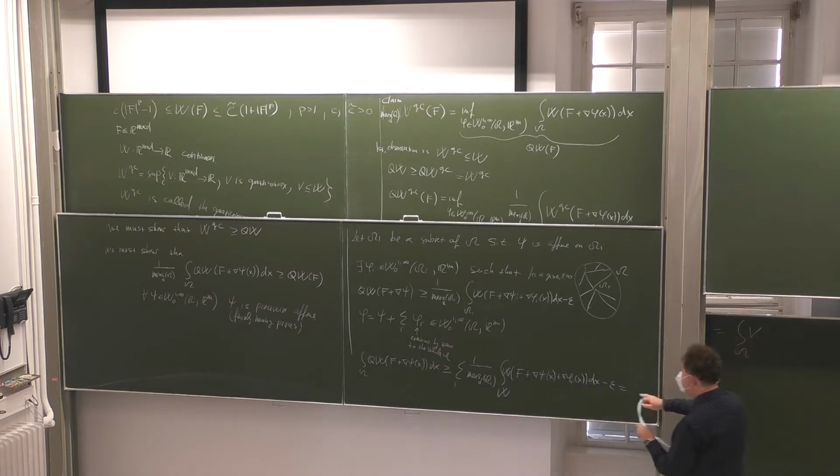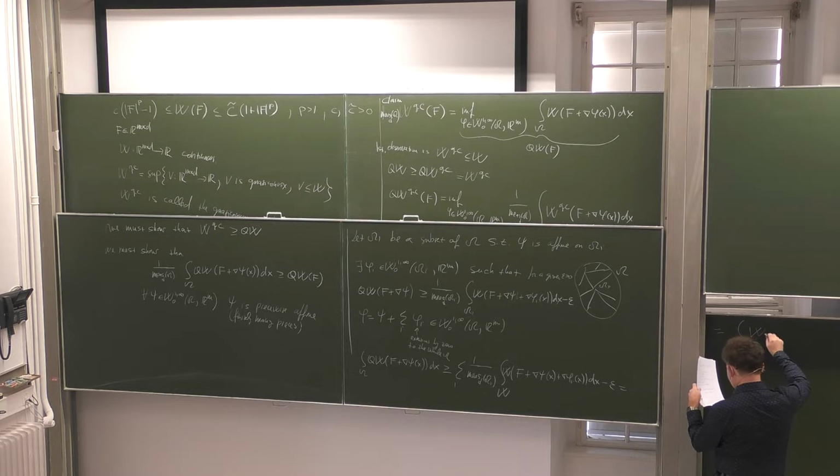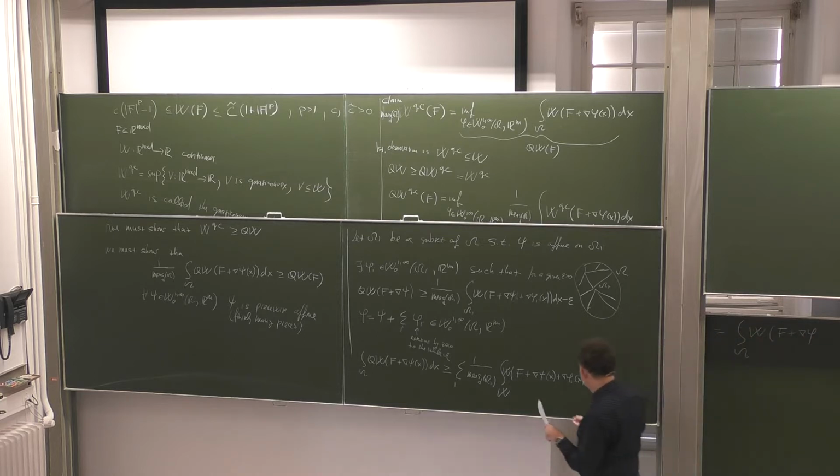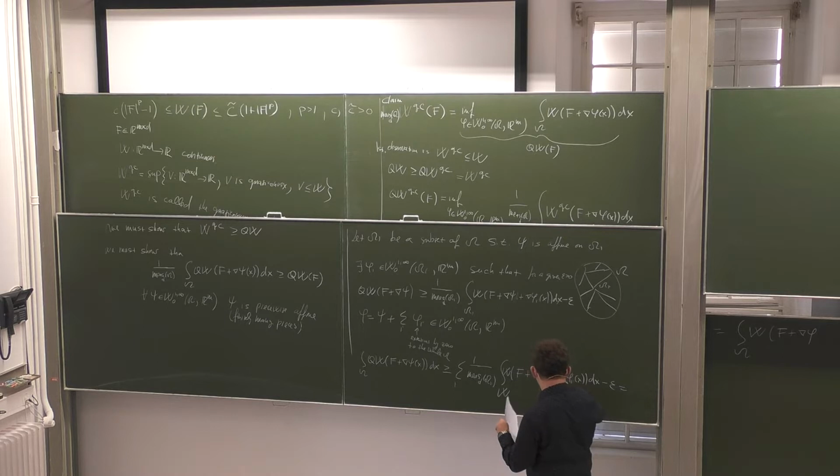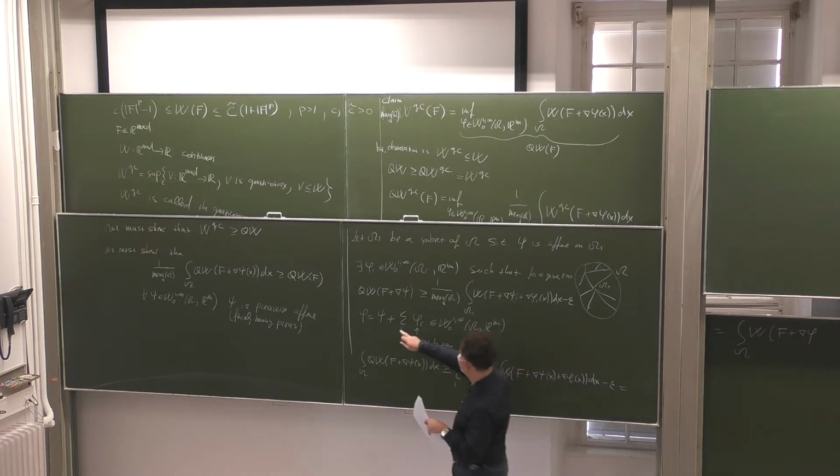Minus epsilon, and so finally I have this, and then this is F plus grad psi. I'm sorry, here I have this, but now if I plug in phi, then this is already included, this piece.